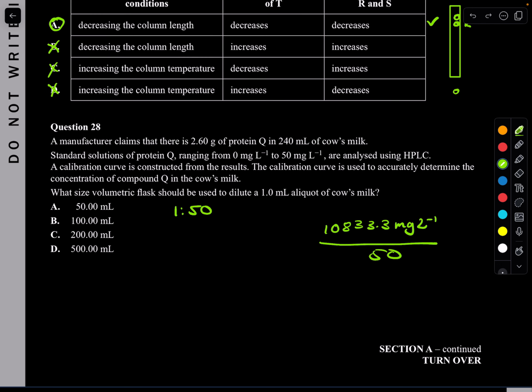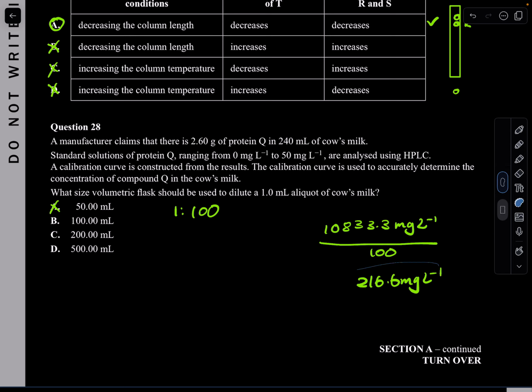So if you divide that by 50, you get 216.6 milligrams per liter, which is a problem for us. That is not in this range, so that's wrong. This is A. What about if you do 1 to 100 in the next case? So basically divide this by 100.